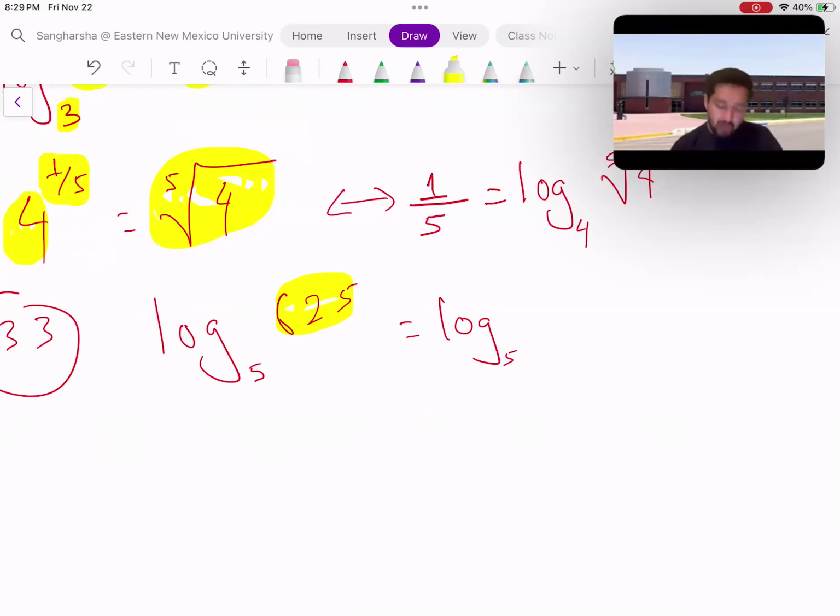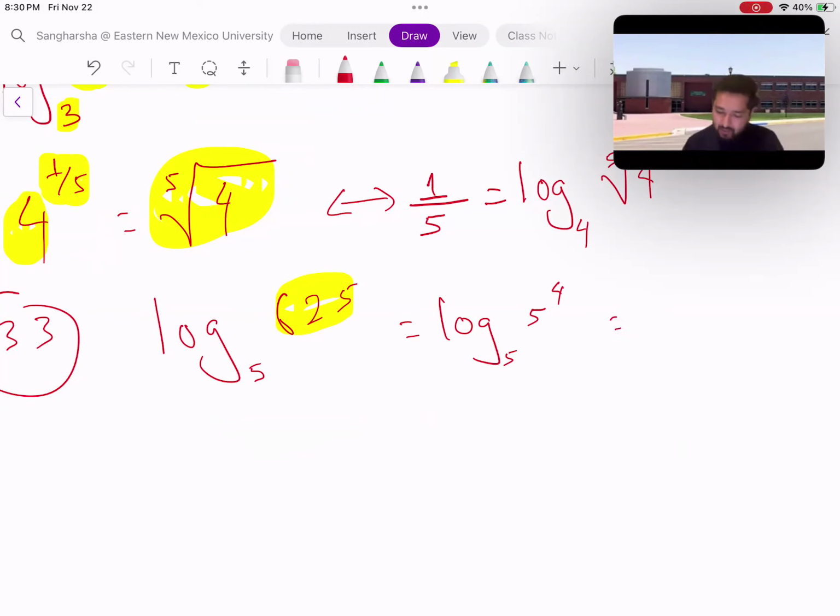How can we rewrite 625 in an exponential form? 625 is what power of 5? 5 times 5 is 25, times 5 is 125. Is it the fourth power of 5? Yes. Okay, good.